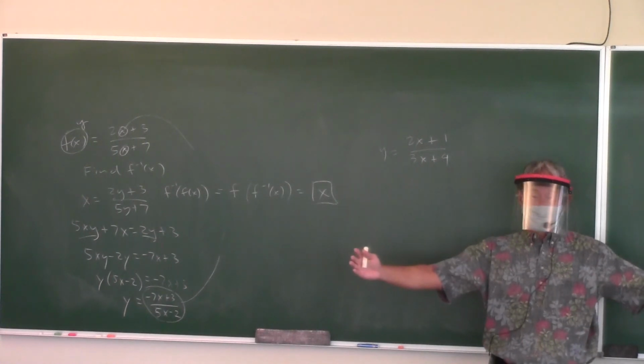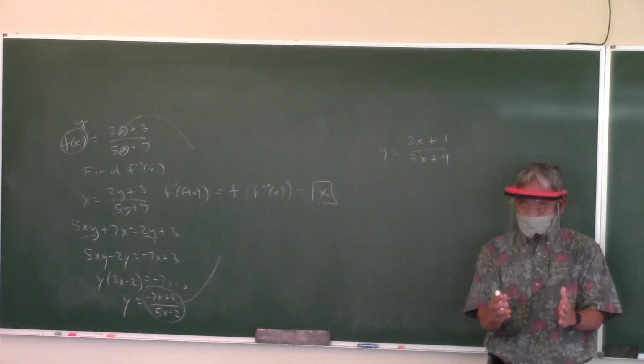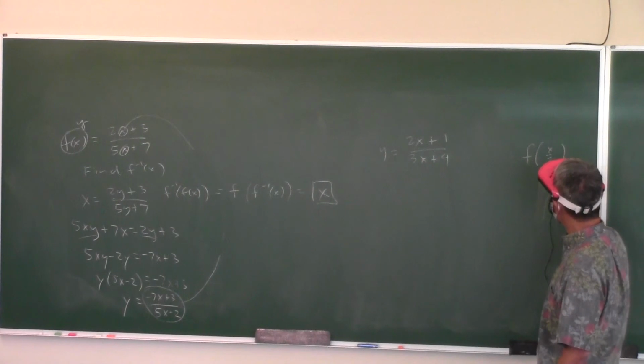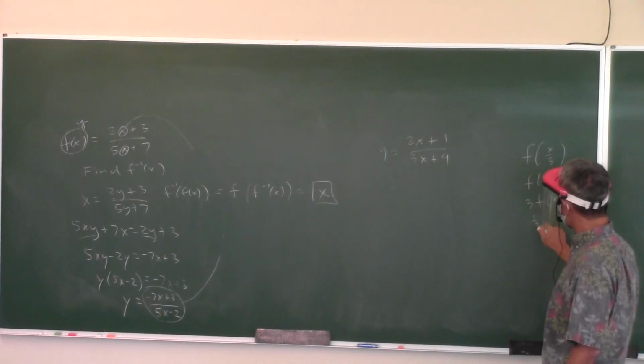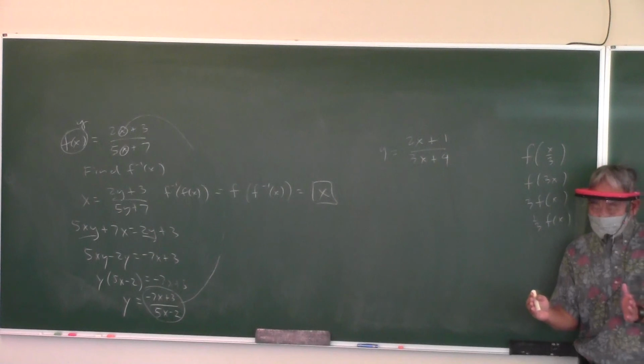How do you shrink this graph horizontally by a factor of 3? What do you do? Is it this? Is it this? Is it this? Or is it this? Which one shrinks it horizontally by a factor of 3?